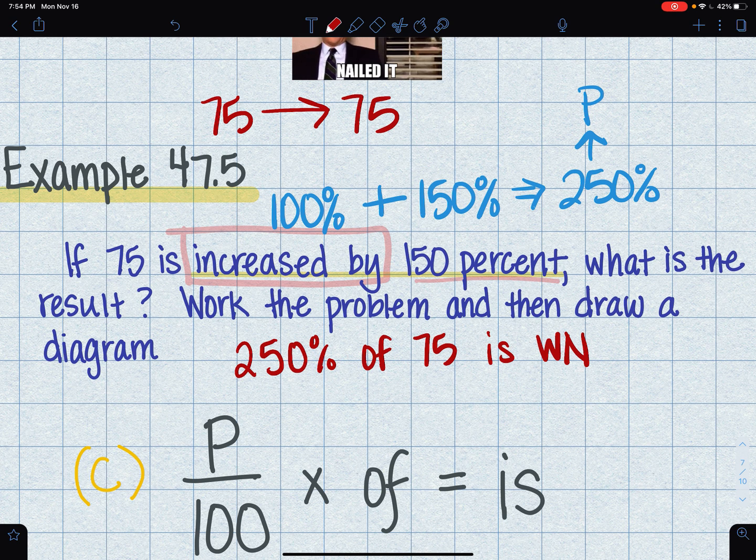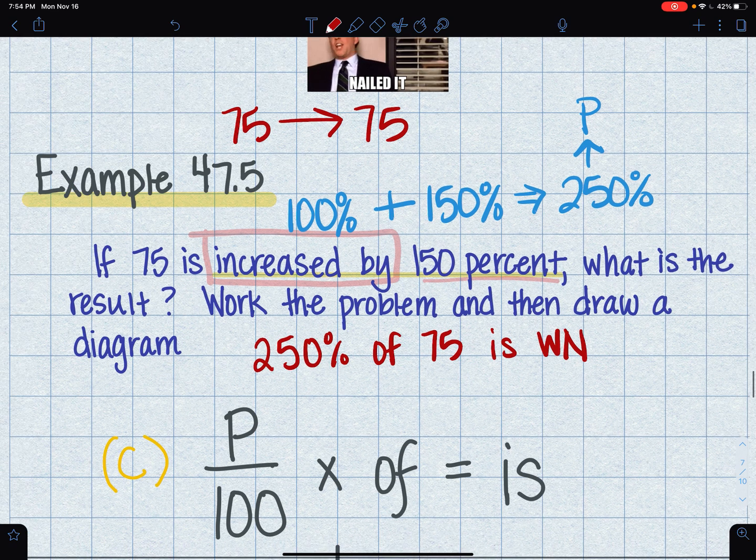So you invest 75 bucks, you not only get your 75 bucks back, but you get another 150%. Does that make sense? So you not only get your 100% back, but you also get plus 150% of 75.